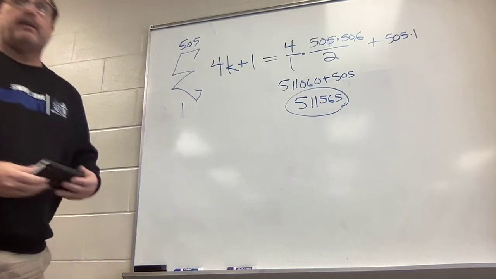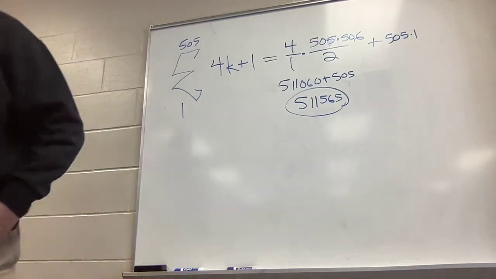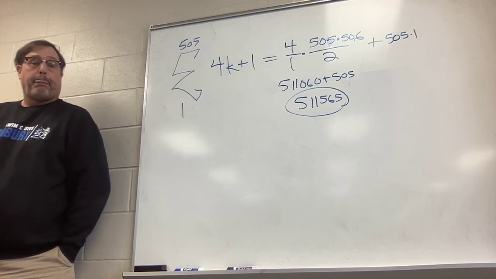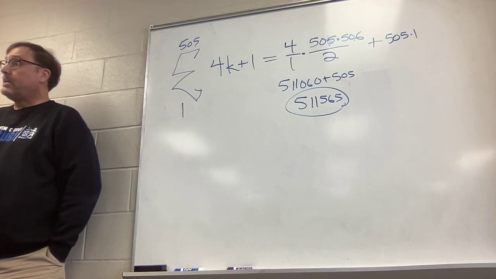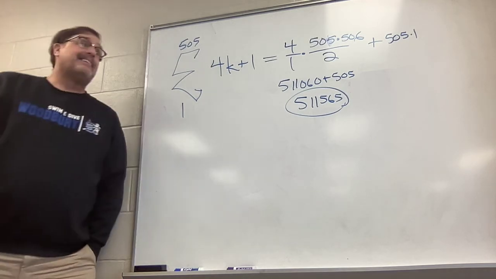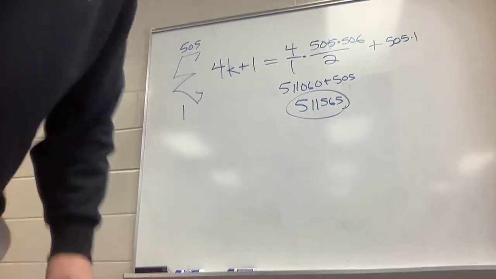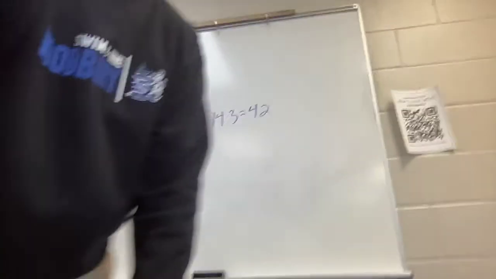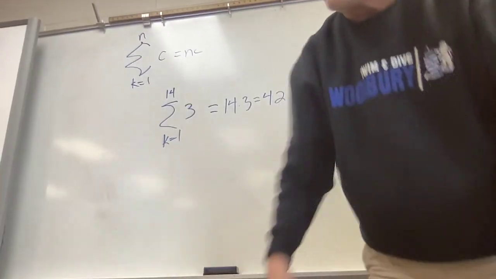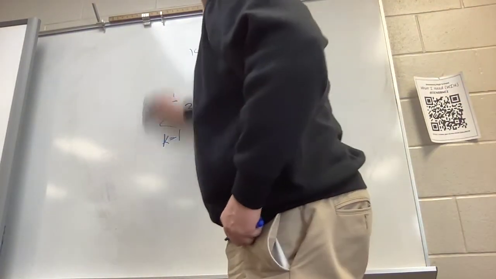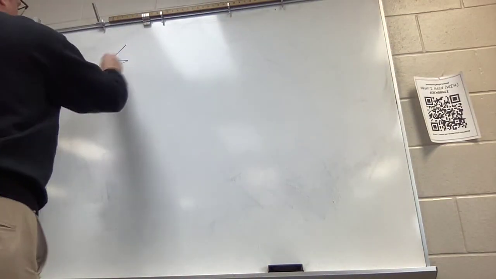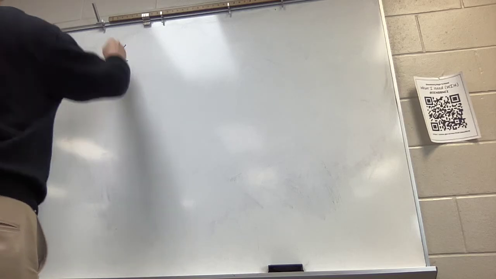Had you added 3 plus 7 plus 11 plus 15, done it 505 times, done it correctly, there's your answer. Ooh, time savers. And when it comes right down to it, besides being time savers, it's just plugging stuff into a formula and then doing a lot of arithmetic.